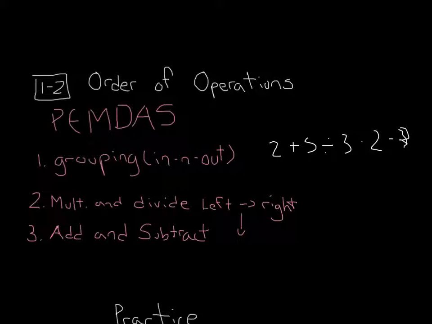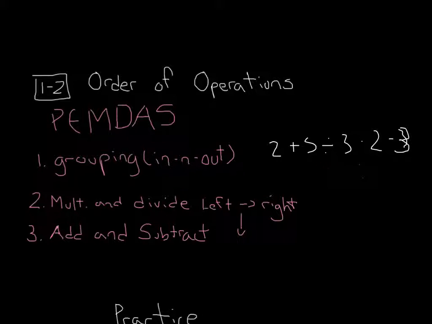You look in there and find there's no grouping, so you don't need to worry about that. But there is addition, subtraction, multiplication, and division. What you want to do is look at the multiplication and division, and you do that first, left to right. So you do 5 divided by 3, and that number multiplied by 2, and then you do the equation like normal.